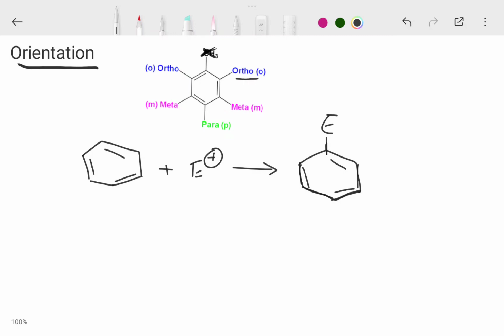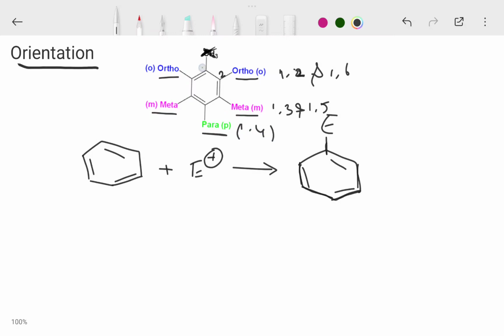One is ortho position, and meta position, then para position. 1,2 and 1,6 positions are called ortho positions. 1,3 and 1,5 positions are meta positions. 1,4 position is para position.